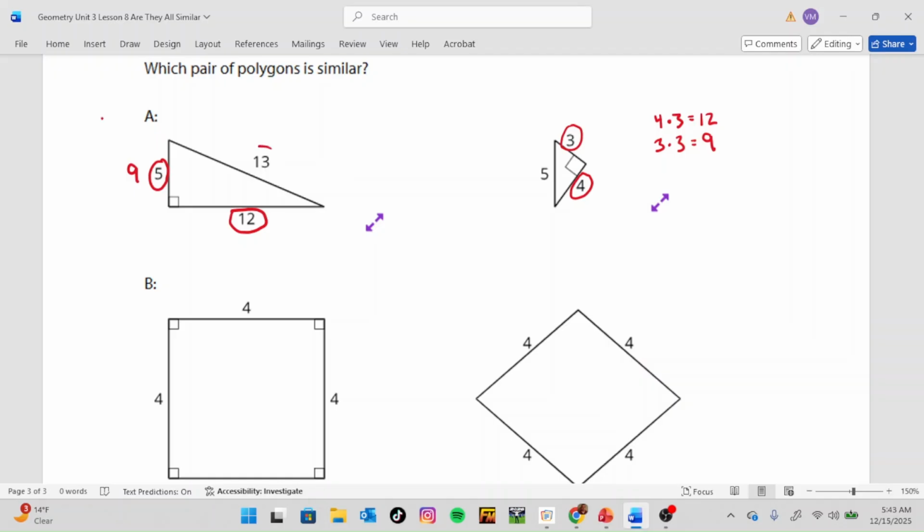And then finally, this side length of 13 should correspond with this side length of 5. So if we take that side length of 5 and multiply it by 3, we get 15, not 13. Since the sides are not proportional, A is not similar.